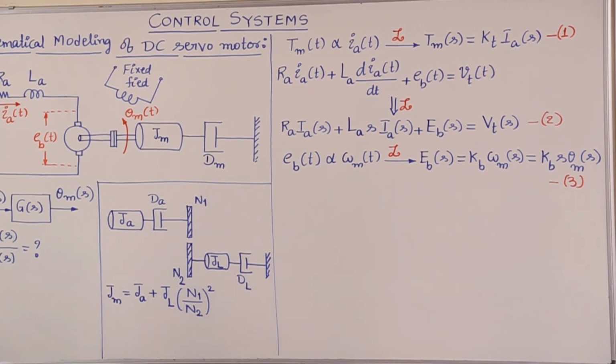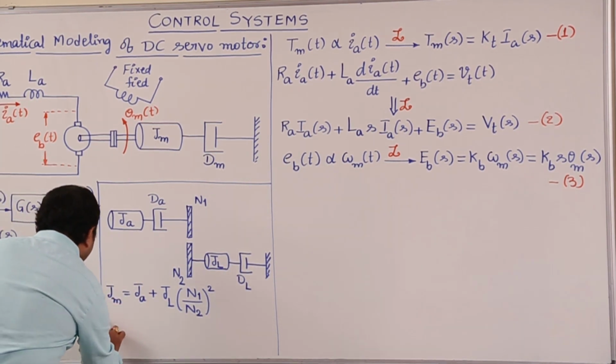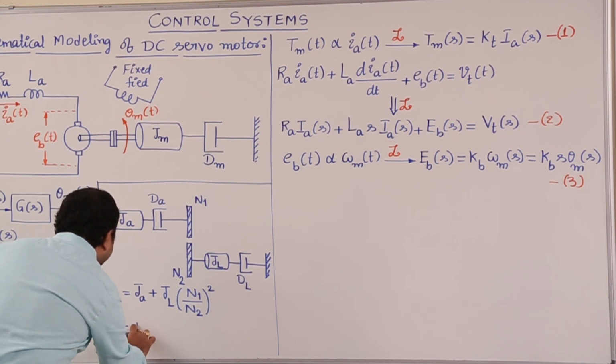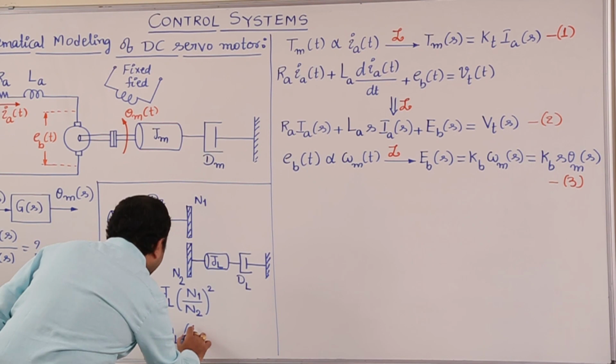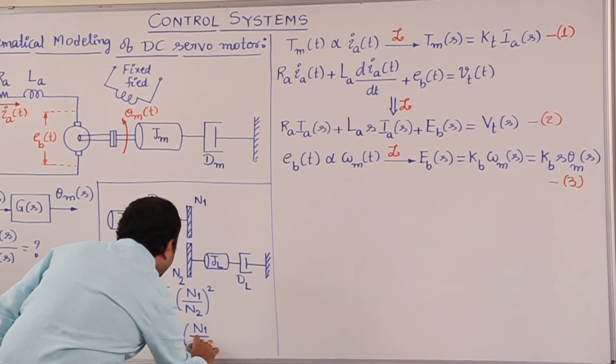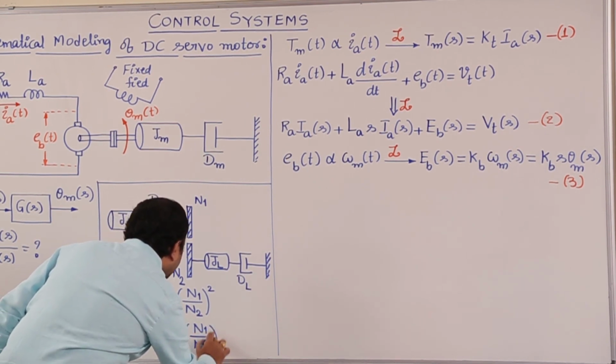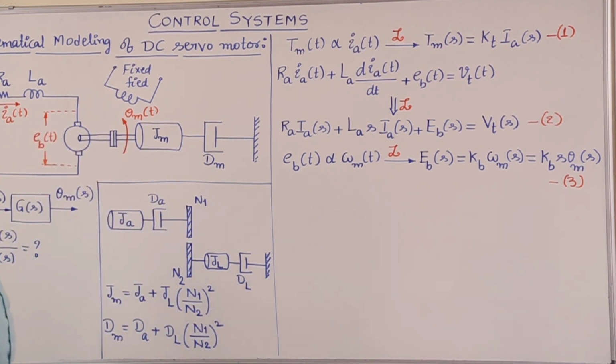This is the transformation. Similarly, Dm can be expressed as Da plus DL multiplied with N1 upon N2 whole square.